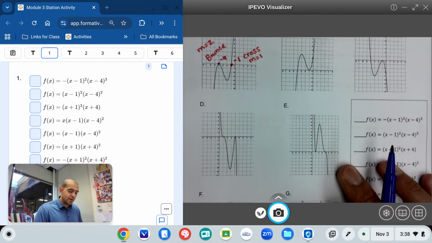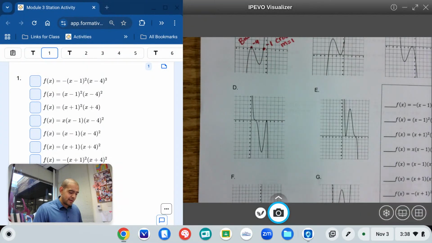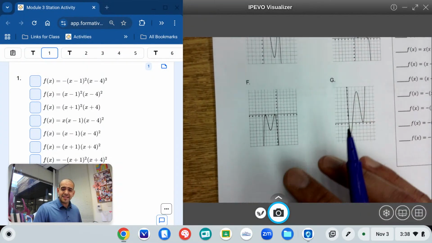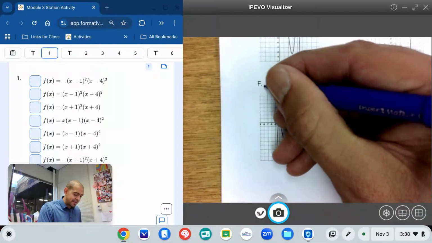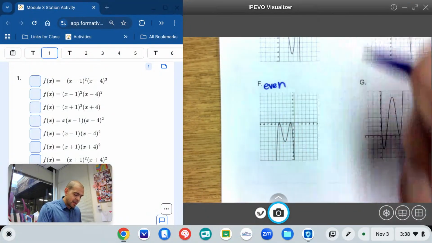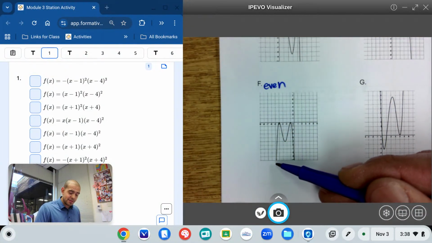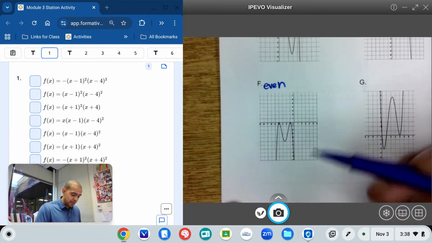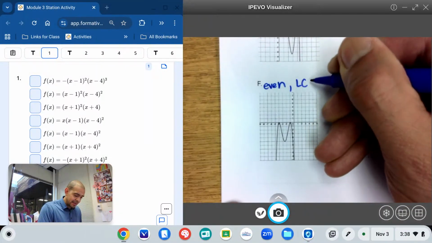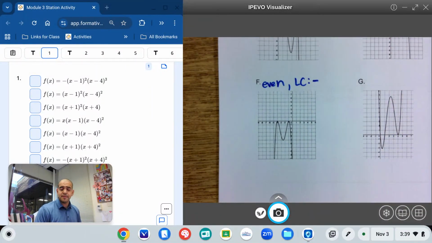So I'm going to do another one. I'll do, let's say, letter F, because F is different. F is an even function. How do I know it's even? It's even because it starts from below and ends below. And if it ends below, that means my leading coefficient is negative.